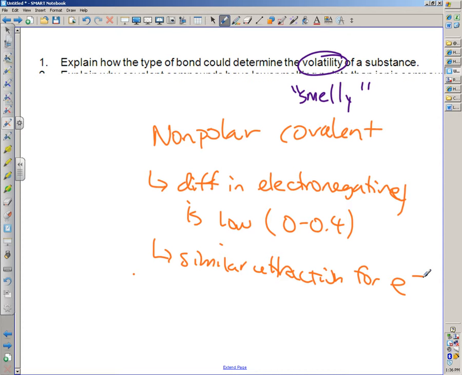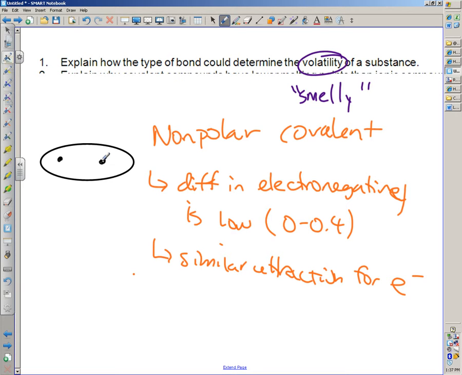The same attraction. So if I drew one atom and another atom, would one side have a bigger electron density than the other side? No. So we don't get any of those quote-unquote positives or quote-unquote negatives, right?